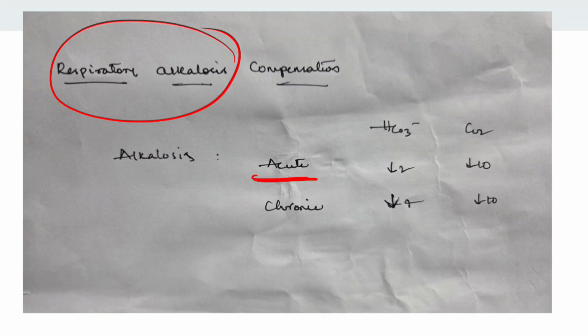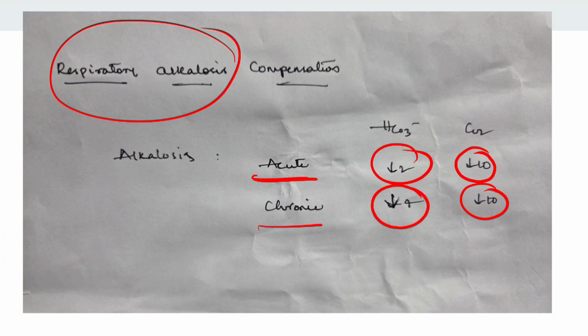In acute conditions, for every 10 drop in CO2, there will be 2 drop in HCO3. In chronic conditions, for every 10 drop in CO2, there will be 4 drop in bicarbonate. For the value we got, we should add plus or minus 3 to get the actual compensated value.